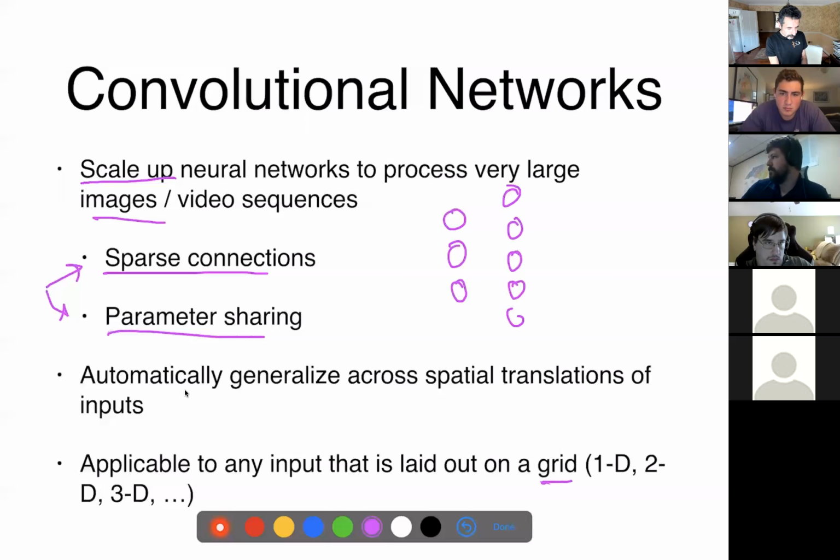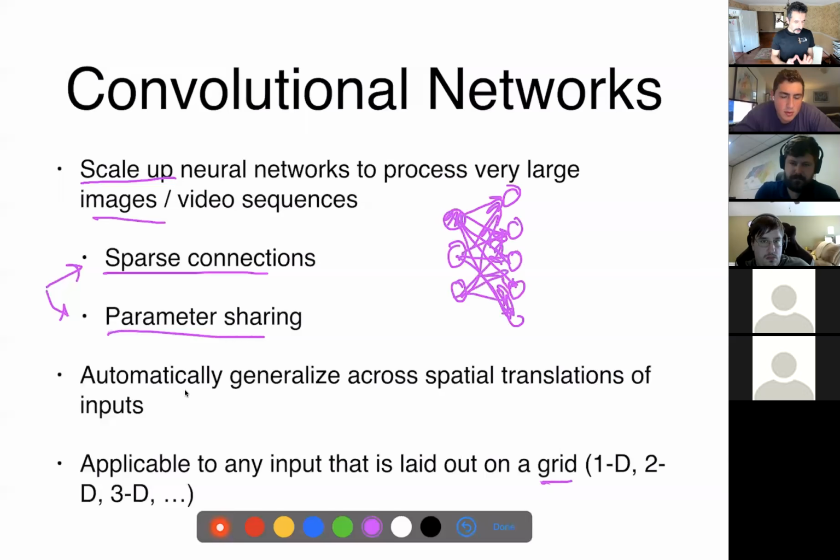Every unit, and by unit we mean one of these neurons, is connected to all other neurons in the next layer. The same for the other one.